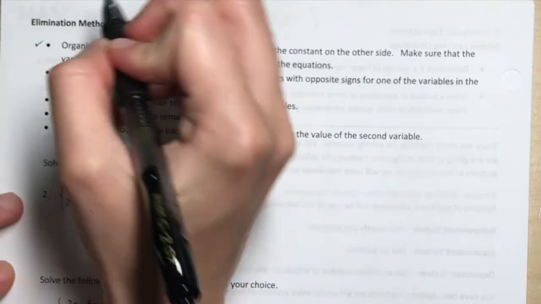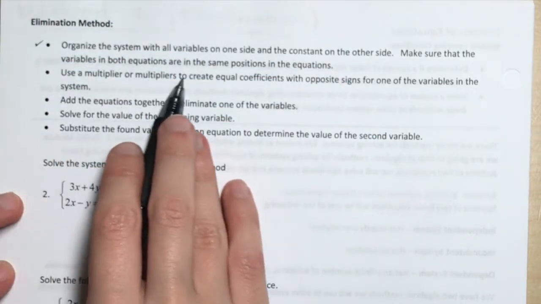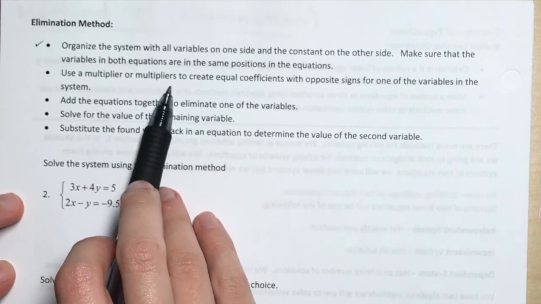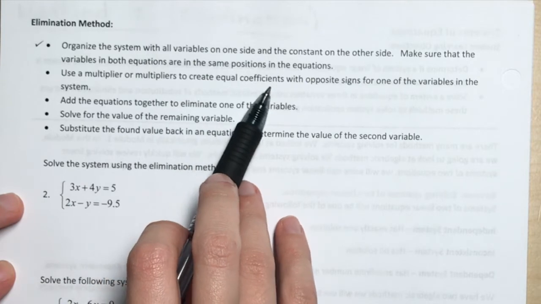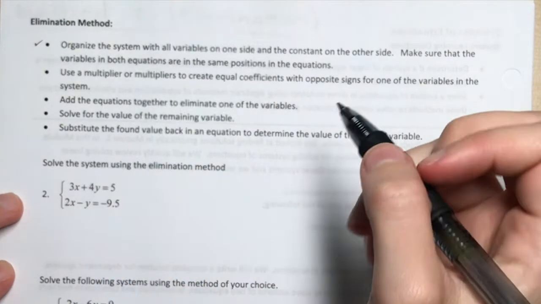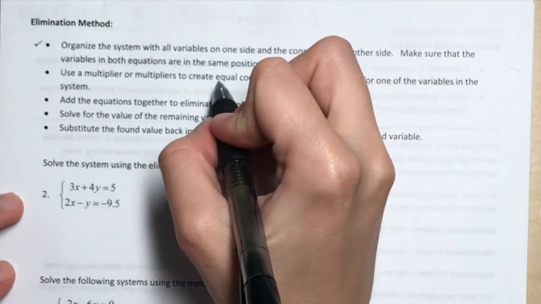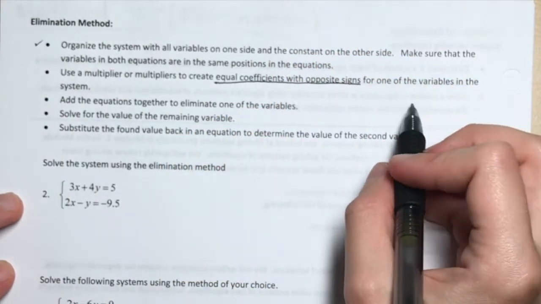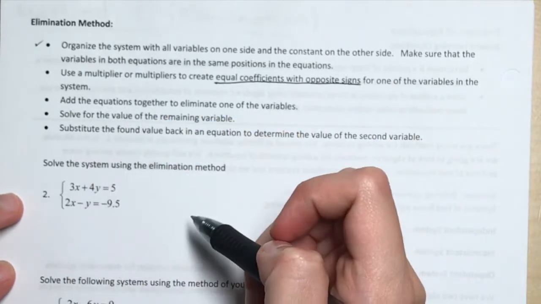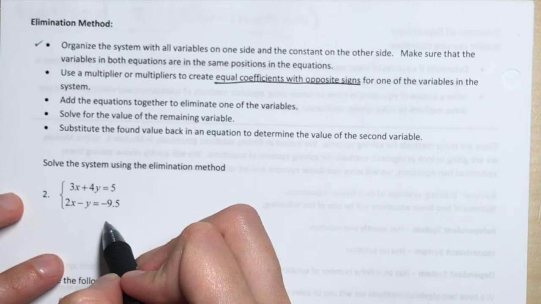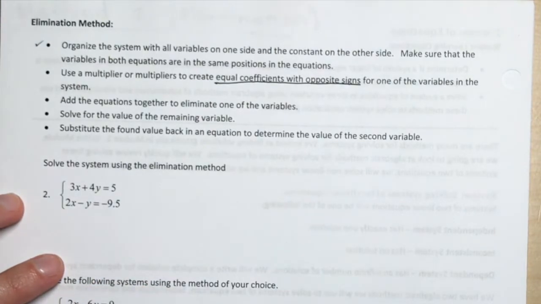So this is done. Second step is to use a multiplier or multiple multipliers to create equal coefficients with opposite signs, for one of the variables in the system. So which of those here is going to be the easiest to do?